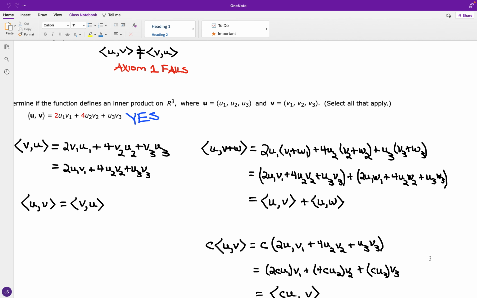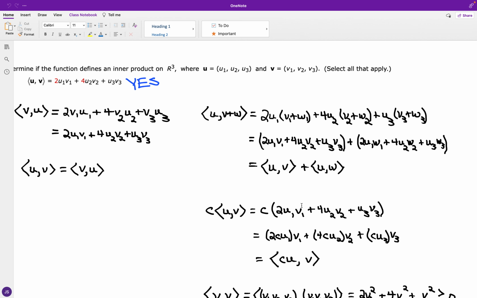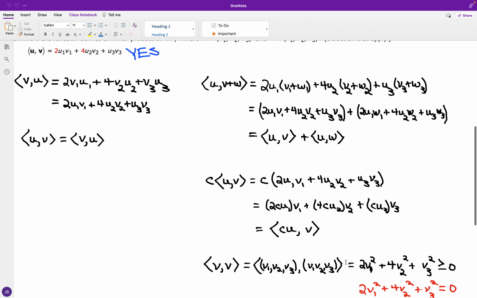The outcome is going to be the pairing of u and v plus the pairing of u and w. And then for the scalar, distributing c over the expression and itemizing, this will come out to the pairing of c times u with v. And now the first 3 axioms are satisfied.